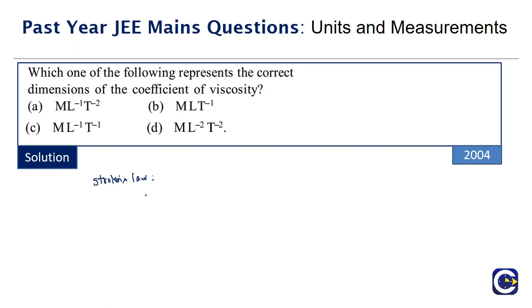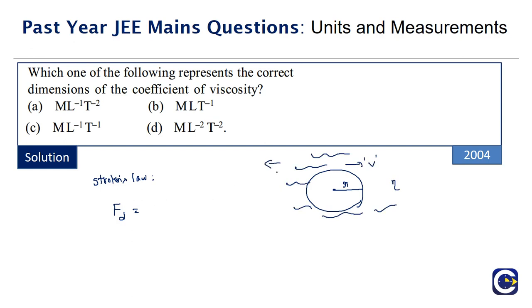So as per the Stokes law, if you have a spherical object of radius r moving with a speed v through a fluid whose coefficient of viscosity is eta, then the drag force, which is the force that will oppose the motion of the spherical object, will of course be acting in a direction opposite to the velocity.